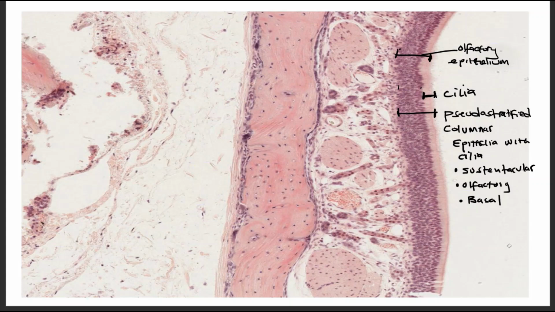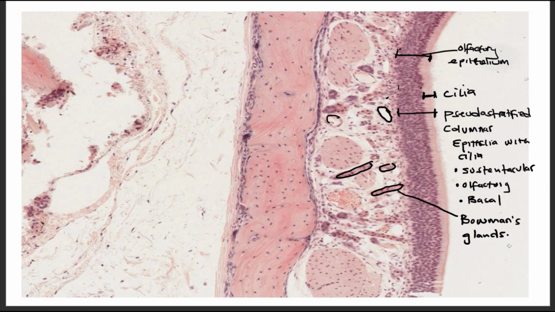Okay. What you see here, this part, this part, and even this part, these are glands. These are what we call Bowman's glands. They are mucus glands. They produce mucus. And as you can see here, this is a blood vessel.